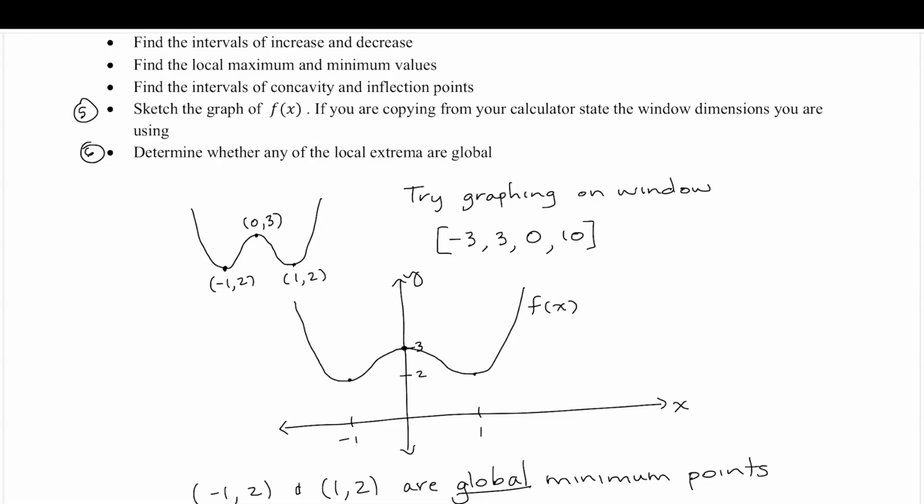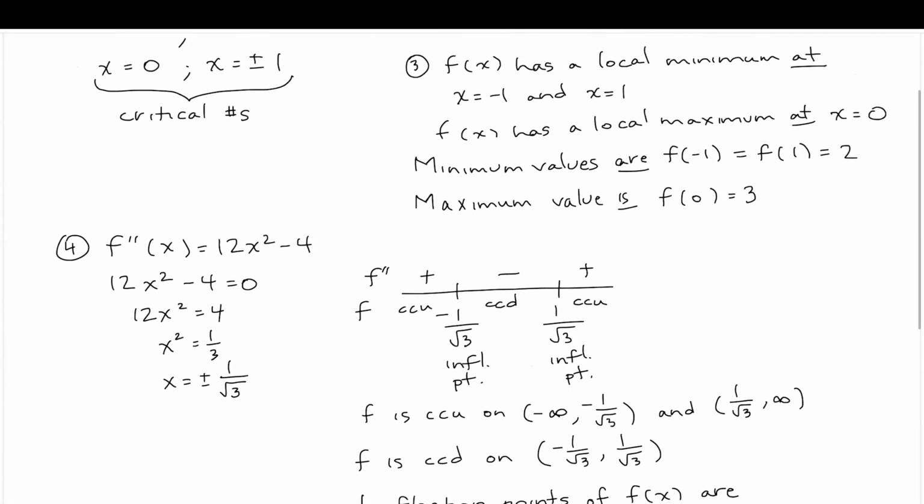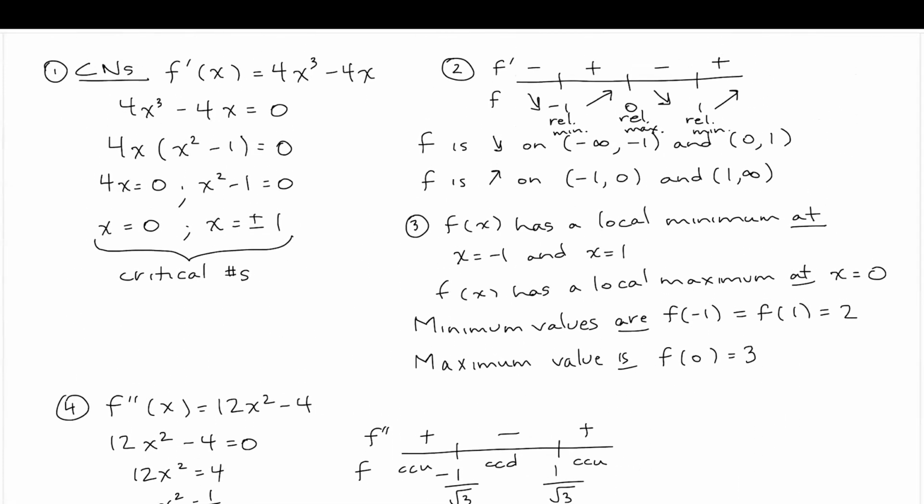Now, a function doesn't always have global extrema. It might not have any. And I wanted to mention before I close that when I worked these number lines for parts 2 and 4, it happened that once I got my first sign, after that they alternated back and forth, plus minus plus minus, or minus plus minus plus.